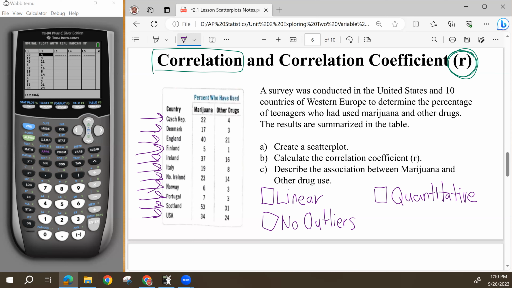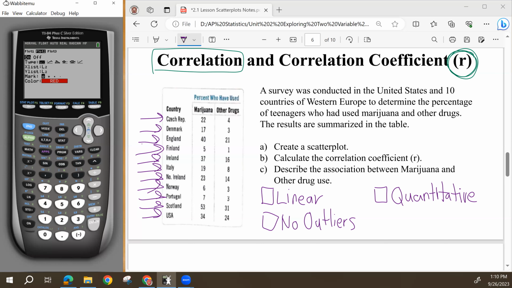So hopefully you have them in, and we can do second y equals. I'll choose my second plot because it's on, and I'm going to go ahead and choose that first option. And so it's going to give me an X list and a Y list. The X list, that's your independent explanatory variable. The Y list, that is your dependent or your response variable.